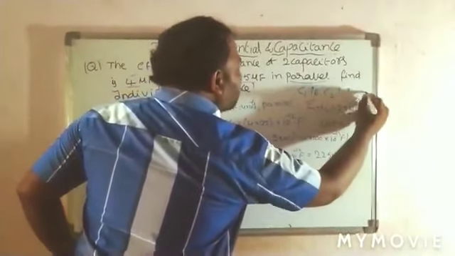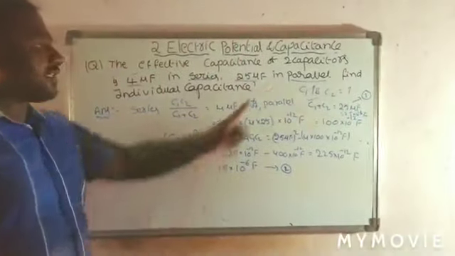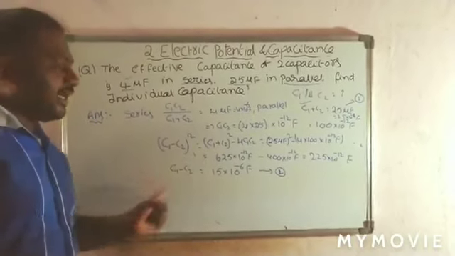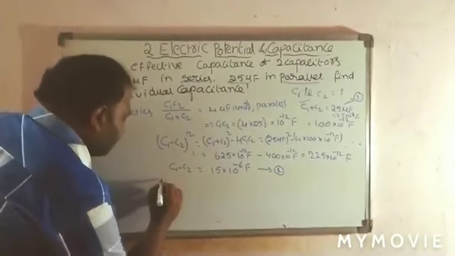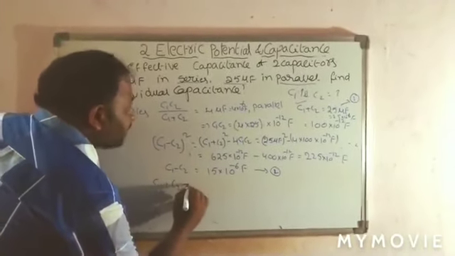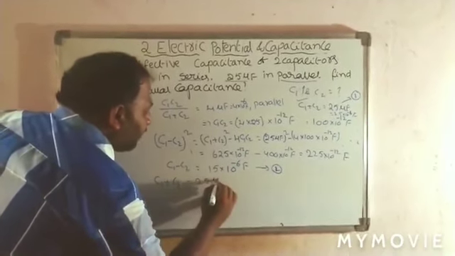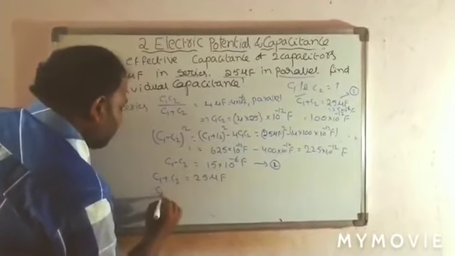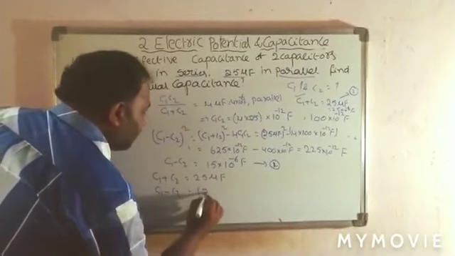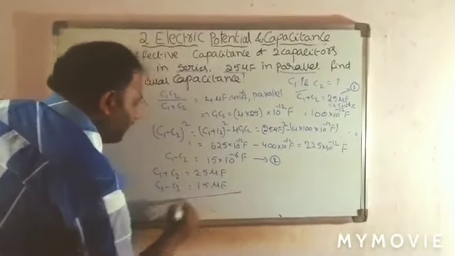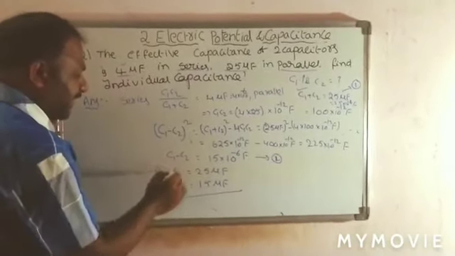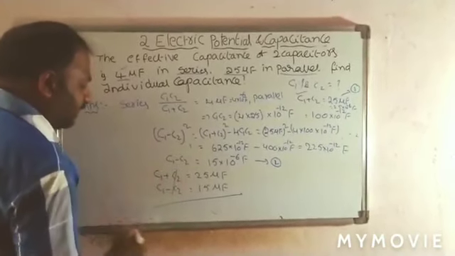We consider the earlier one as equation 1. By solving equations 1 and 2, we obtain C1 and C2. What is equation 1? C1 plus C2 is equal to 25 microfarad. C1 minus C2 is equal to 15 microfarad. Once we add these two, by addition, C2 cancels.